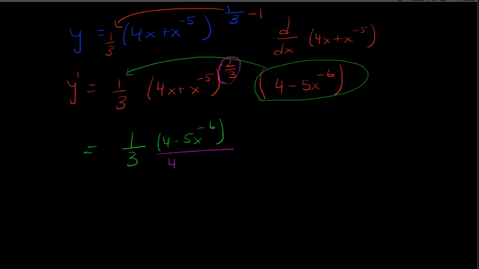So that's going to be 4x plus x to the negative fifth, and now we're going to put it as a positive 2/3 exponent. We can finally combine this to just be 4 minus 5x to the negative sixth over 3 times the quantity 4x plus x to the negative fifth raised to the 2/3 power.